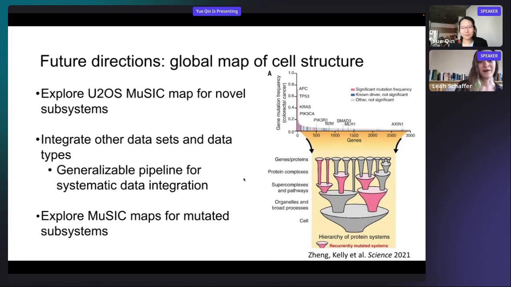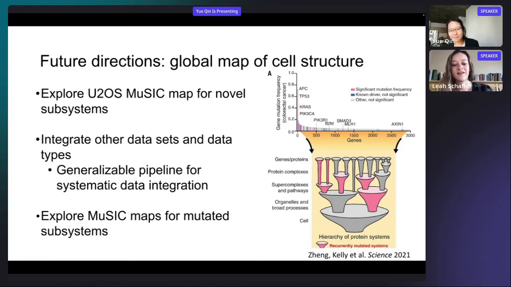And finally, one last motivation for this work is that creating these global maps of cell structure can give us a better idea of disease. For example, in cancer, a commonly known problem with analyses is when you look at mutations at the gene level, although there might be a small number of genes that are frequently mutated across different tumor samples from the same cancer type, the majority of genes will not be recurrently mutated.